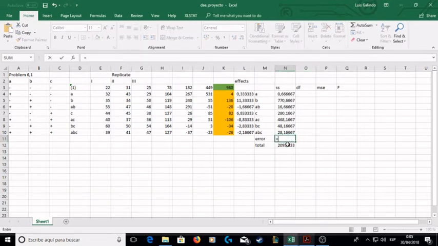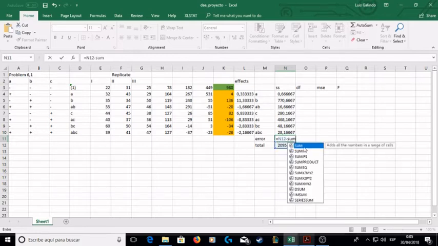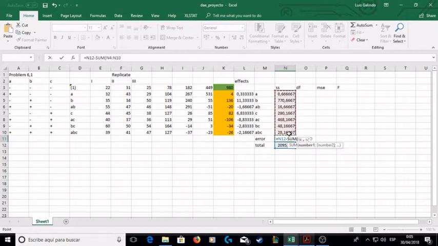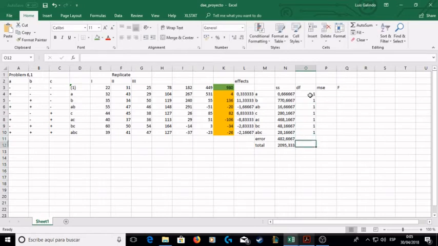The error is the total minus the sum of all these. Degrees of freedom: each one of these gets 1. The total has 23 degrees of freedom, and the error gets 16 degrees of freedom, 23 minus 7.